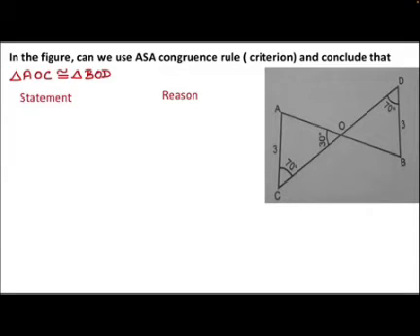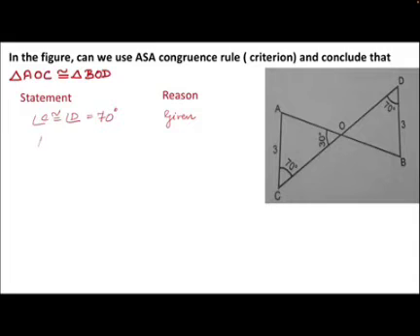Okay, the first statement is angle C and angle D are equal. Angle C is congruent to angle D because it's given in the figure, 70 degrees. So the reason is given. Do you agree?